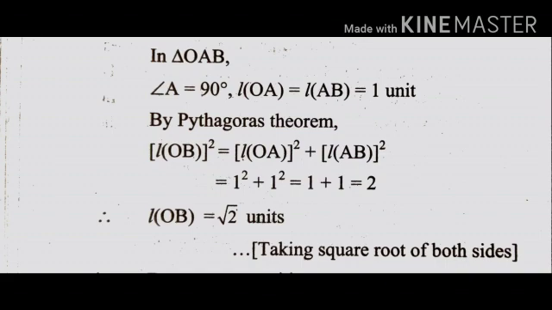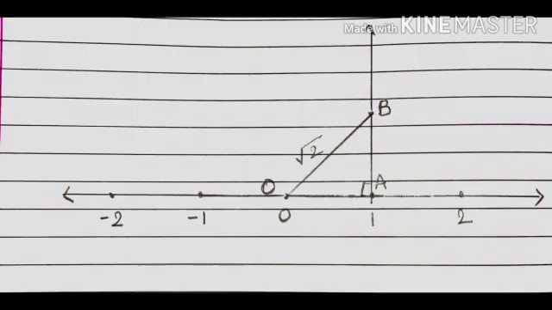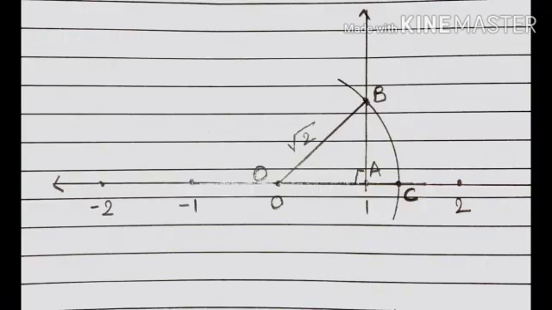Now, here the square of length OB is 2, but we want length of OB. So, we will take the square root on both the sides. So, we will get length of OB as root 2 units. Now, with the help of a compass, that is rounder, measure length of OB.